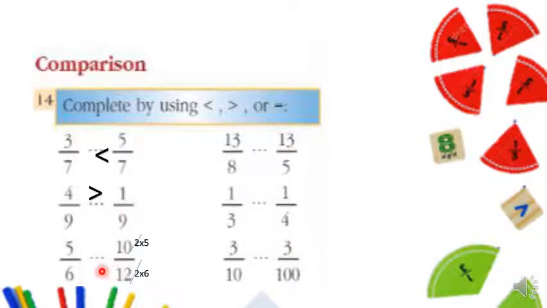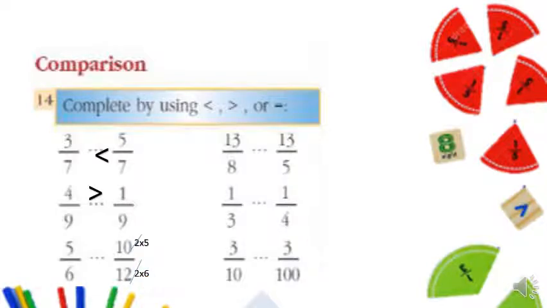Look here, we have different numerators and different denominators. But we can think in a new way: we can simplify this fraction. If you simplify this fraction, which is 10 over 12, they are even numbers. Simplify it by 2, the answer will be 5 over 6.